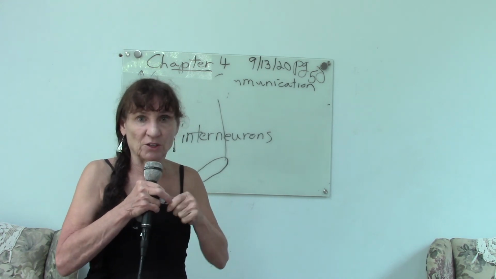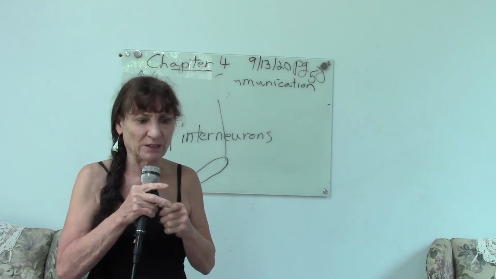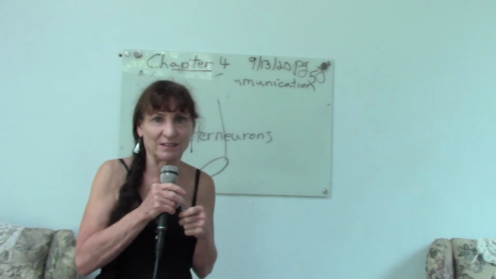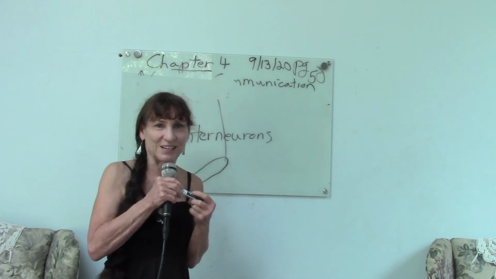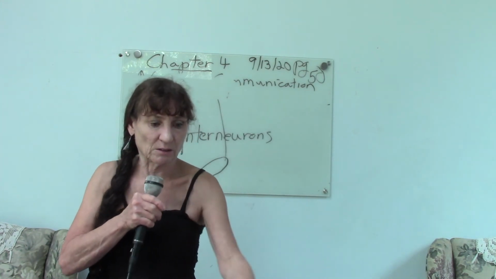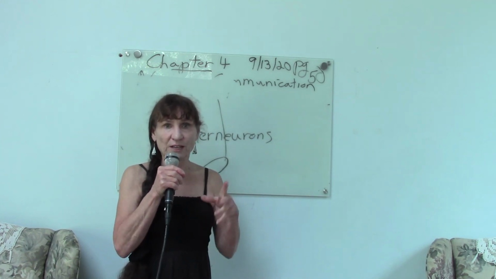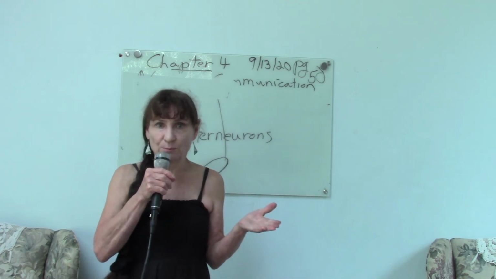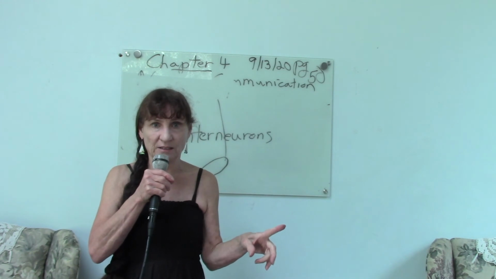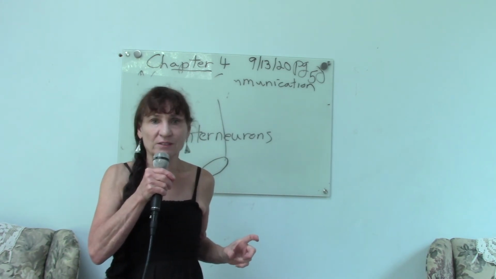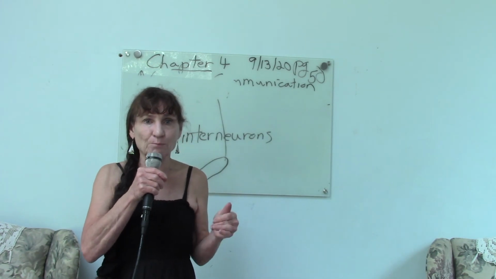If you think about when you go to the doctor's office and they check your reflexes and your foot kicks, you can't control that. You can't say, no, I'm not going to do that. But think about a more practical use for interneurons. Let's say, and I know we've all experienced this, you burn your hand on a stove. You pull your hand back before you even say ouch, because it's important.